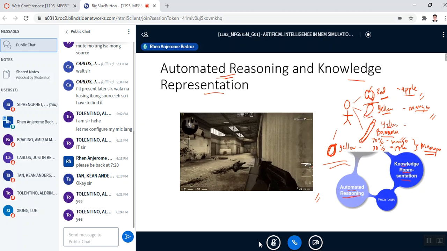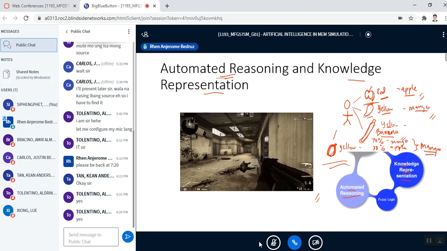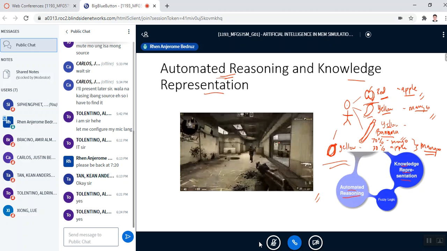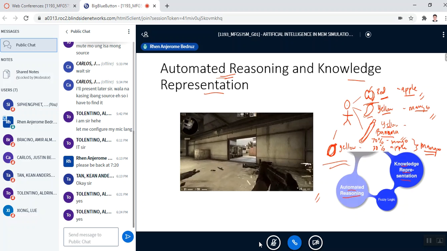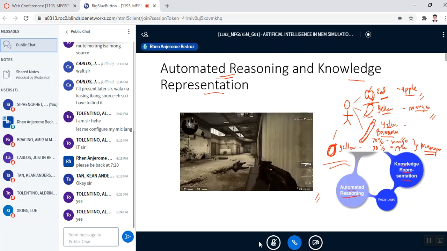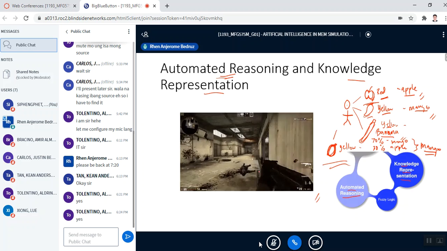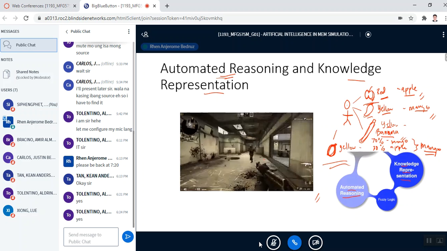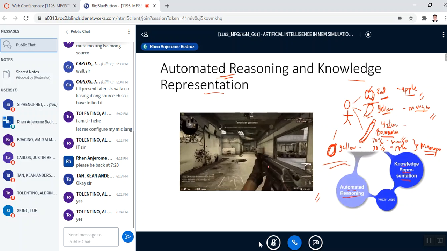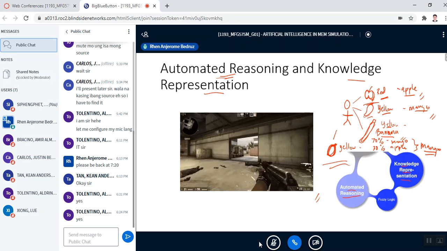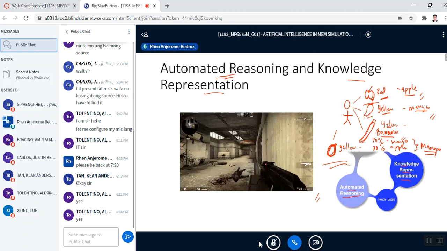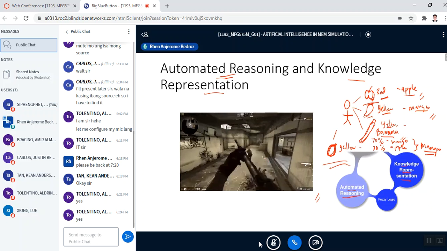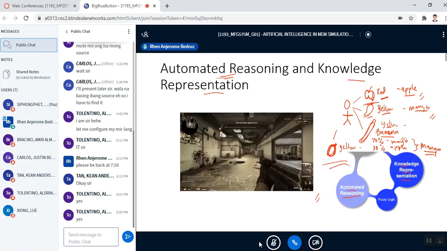What we do is, in a certain environment, the AI thinks. In this case, this is not an AI, but let's assume that this is an AI. So an AI thinks, what is the best move? Should I hide?